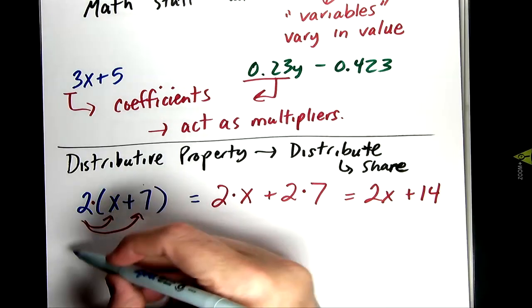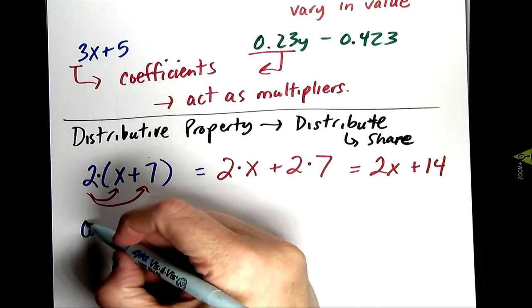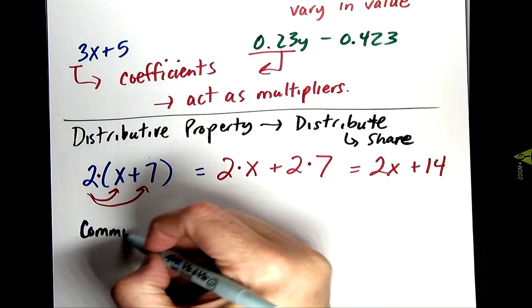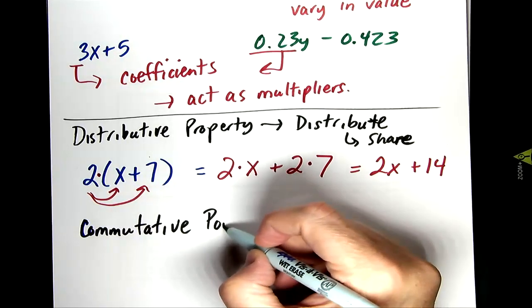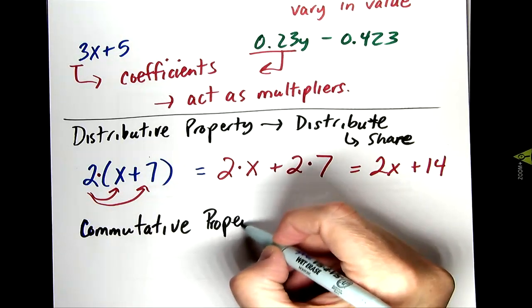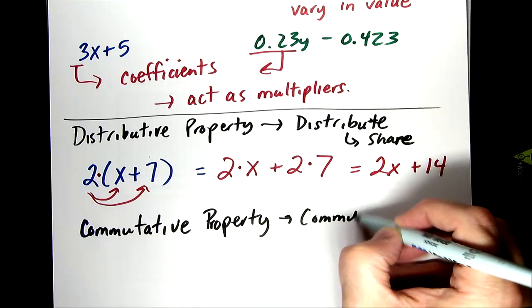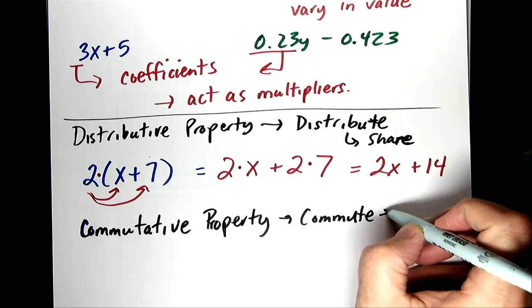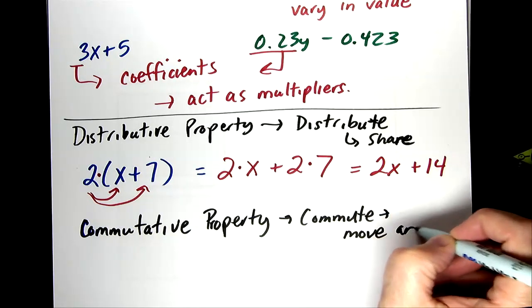Then there's the commutative property. Let's go back to black. It has the word commute in it, which is basically move. Whenever you're commuting, you're moving around.